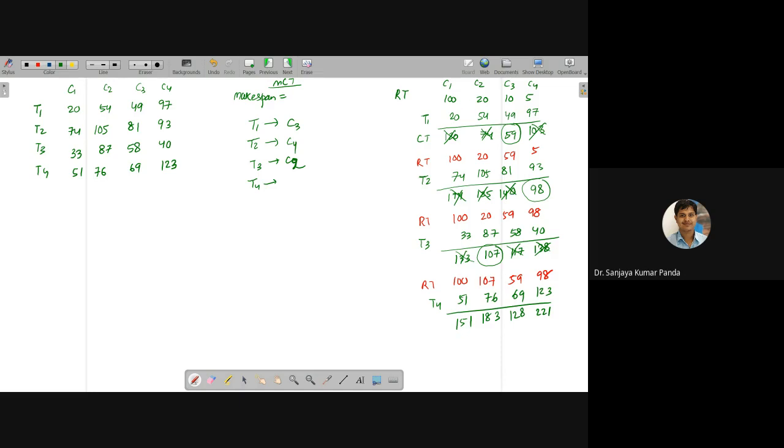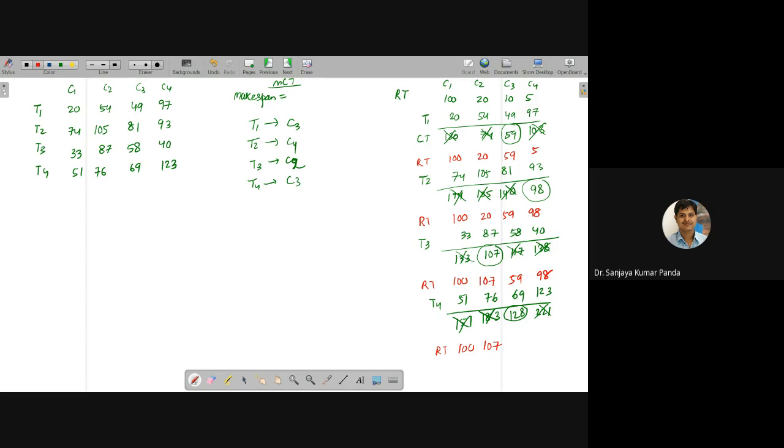Okay, so the minimum one we are getting here is 128. So T4 is assigned to C3. So the final ready time is 100, because no task is assigned to C1, and I think one task is assigned to C2, that is T3.